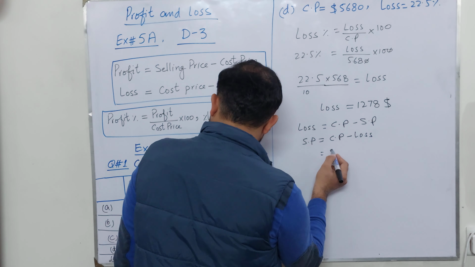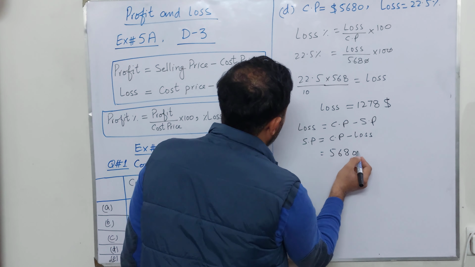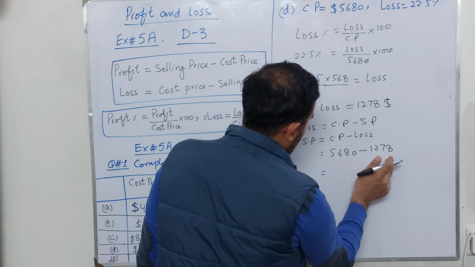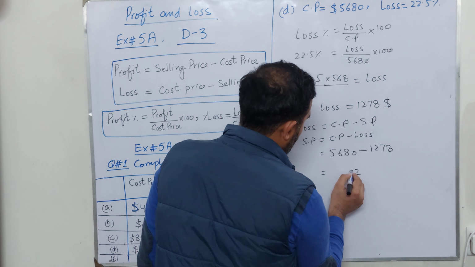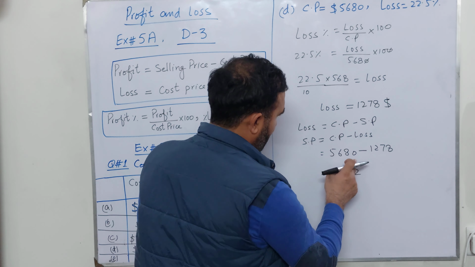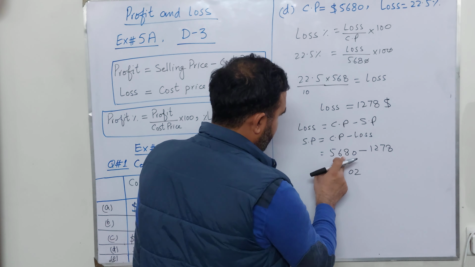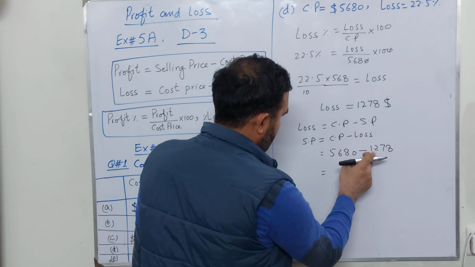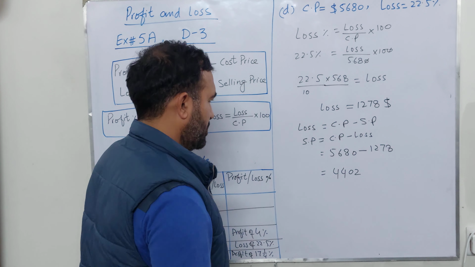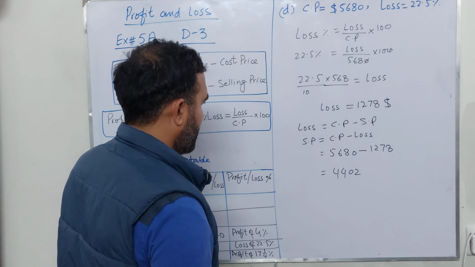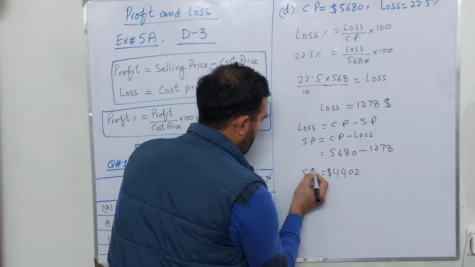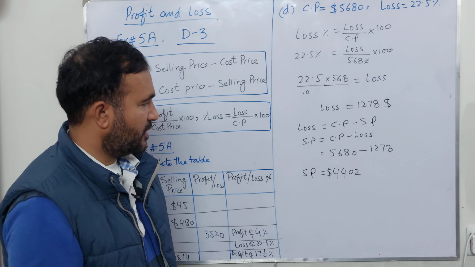So cost price is 5,680 and loss is 1278, and if we subtract that, 6 minus 2 is 4 and 4, so $4,402. So that is our selling price, right?